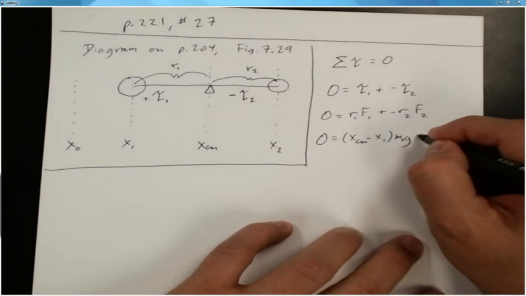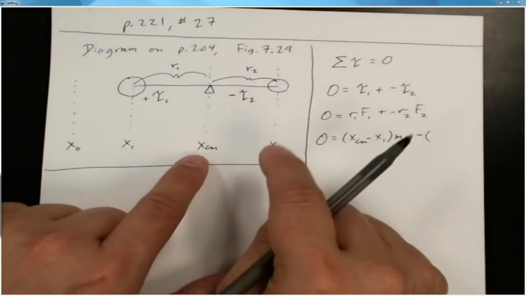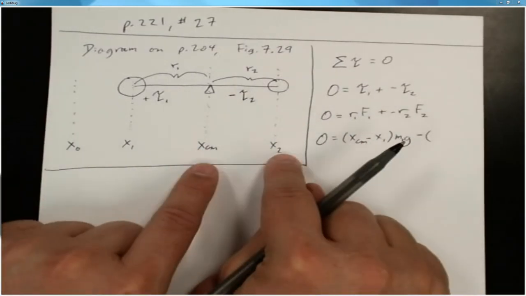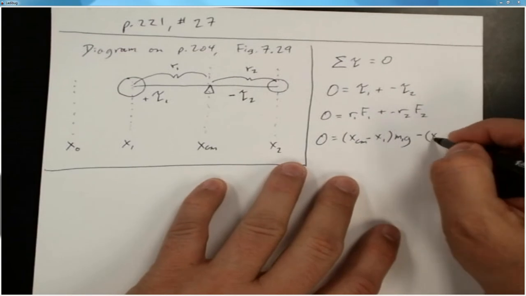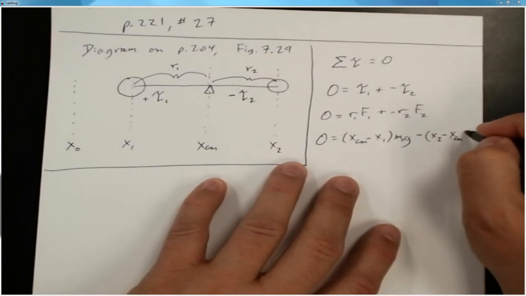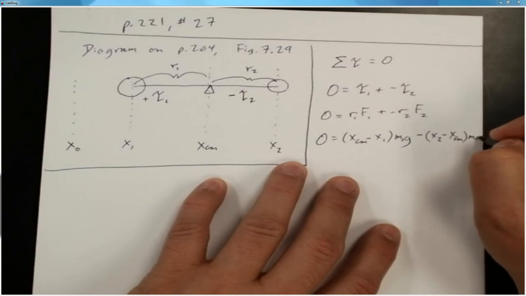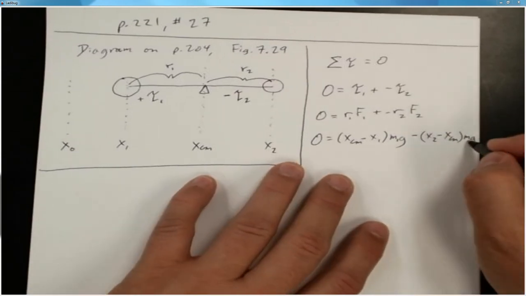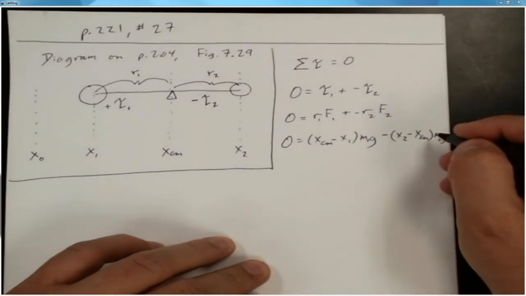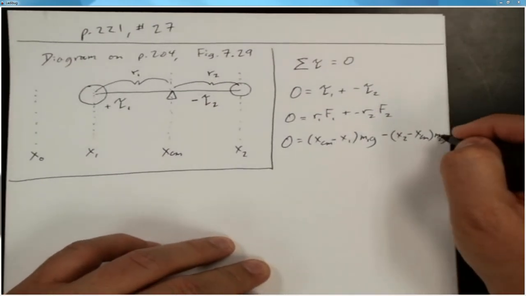And then that is minus R2, which is this distance minus this distance, which gives me that. So it's going to be x2 minus x sub cm times m2g. My 2 looks awkwardly placed there, but sometimes I'm an awkward person, so there we go.